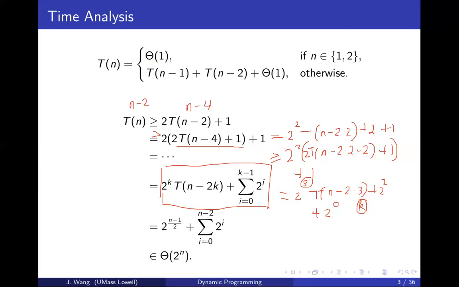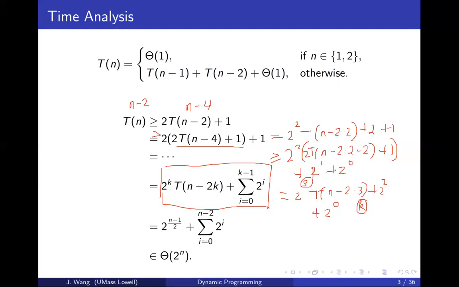2 to the k times T of n minus 2 to the k plus, so you add this up. I think I forgot a 2 here. There's a 2 there. So that's 2 to the 1, and 1 there is 2 to the 0.